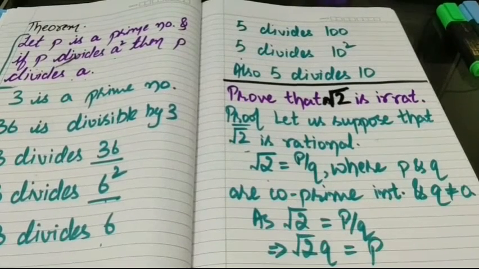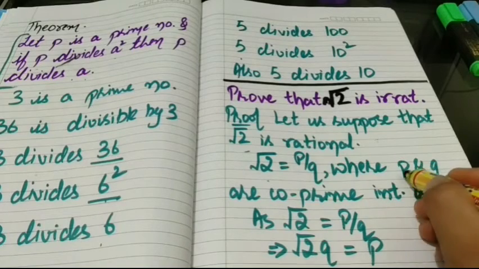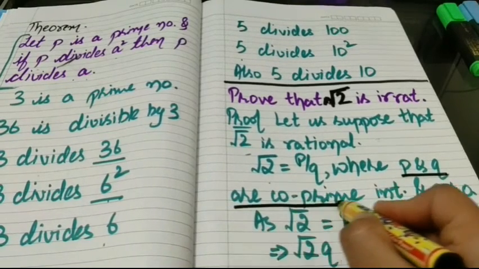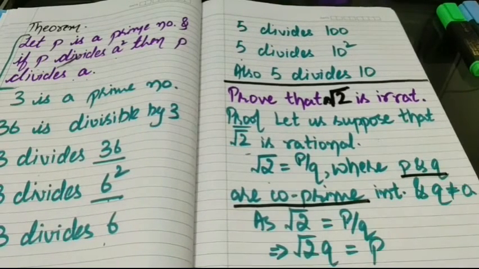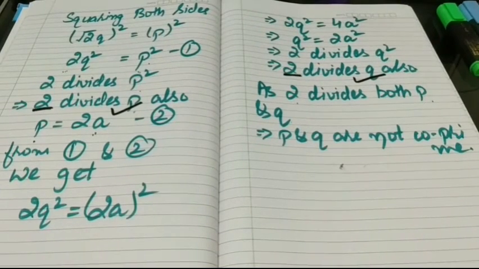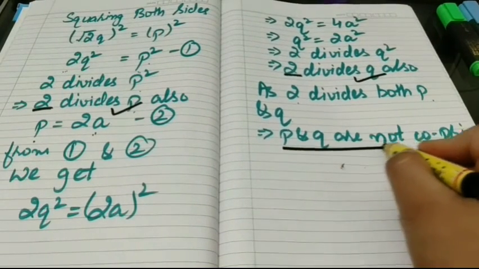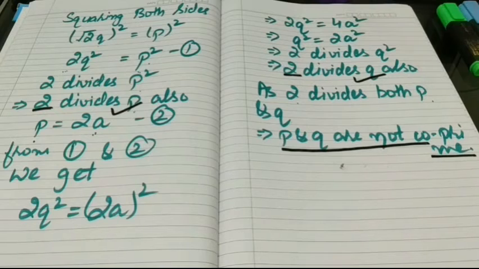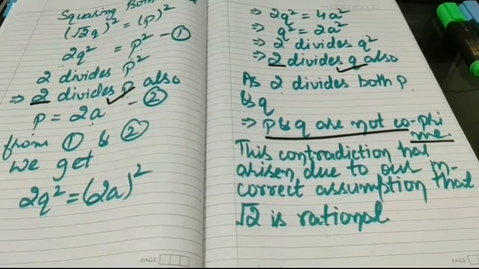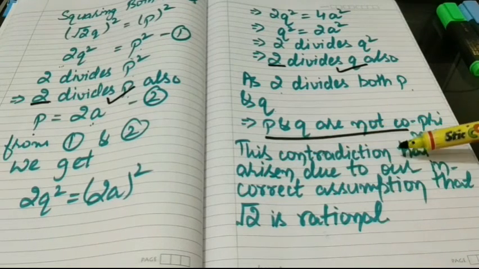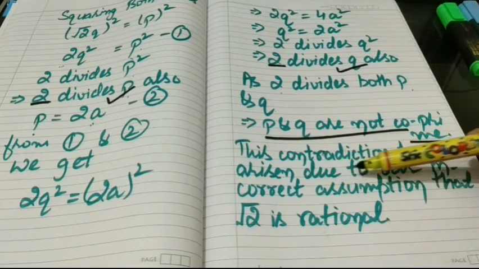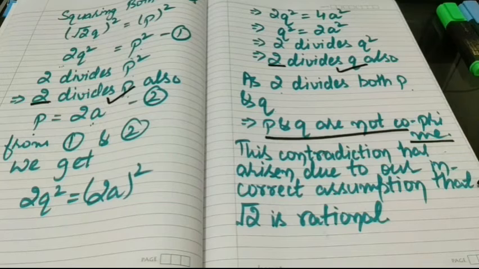But in the beginning of the question, we supposed that p and q are co-prime. And here we have proved that p and q are not co-prime. It means we are contradicting ourselves. So here we will mention that this contradiction has arisen due to our incorrect assumption that root 2 is rational.